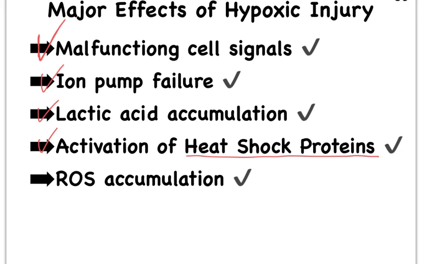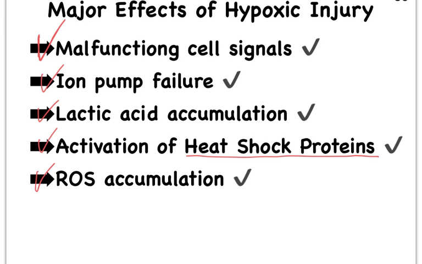And then finally, another big problem as a result of hypoxia is the accumulation of more and more ROS, reactive oxygen species, to the point that our antioxidants in our body cannot control them anymore.